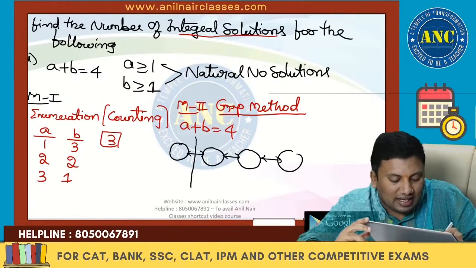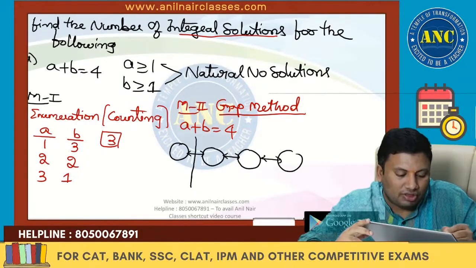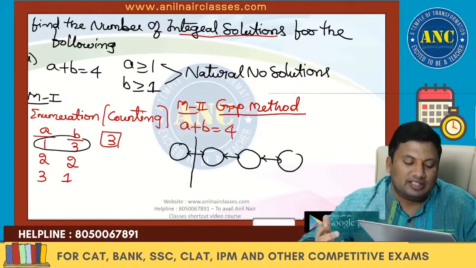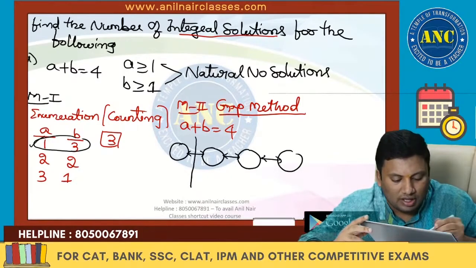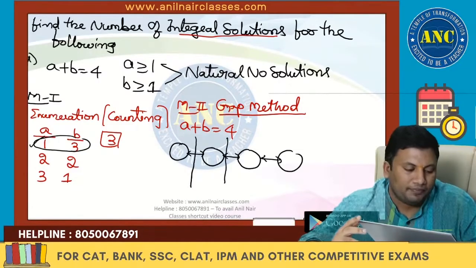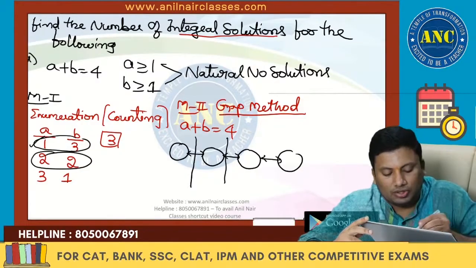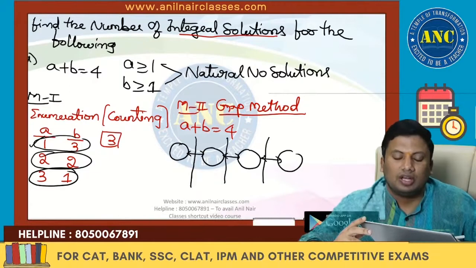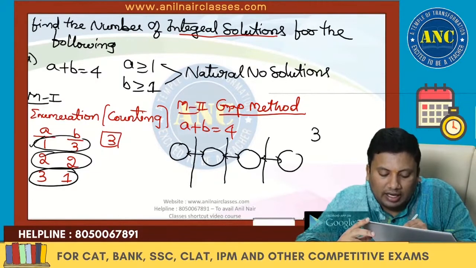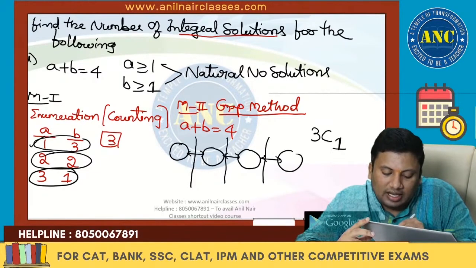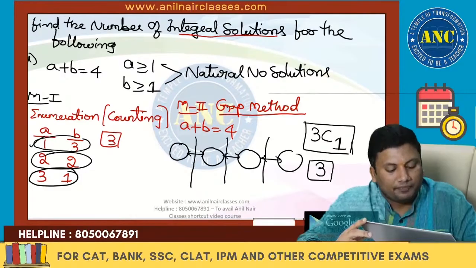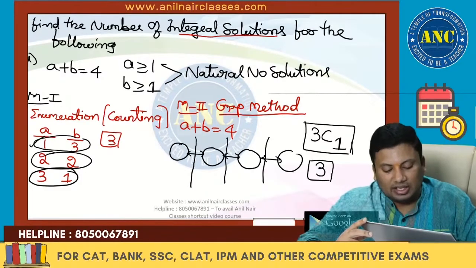If I select 1 gap, that is 1 ball plus 3 balls. 1 is given to A and 3 is given to B. This is one solution. If I select this gap, 2 plus 2, another solution. If I select this gap, 3 plus 1, another solution. Selecting any one gap gives one solution. So 3C1 is nothing but 3. The answer is 3.